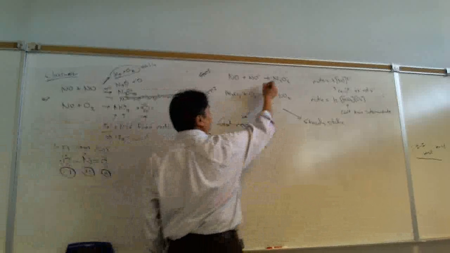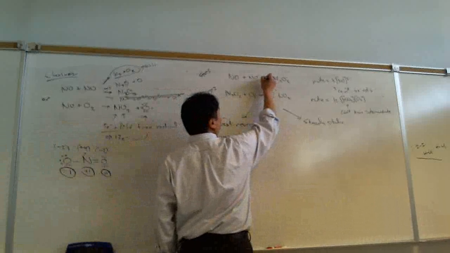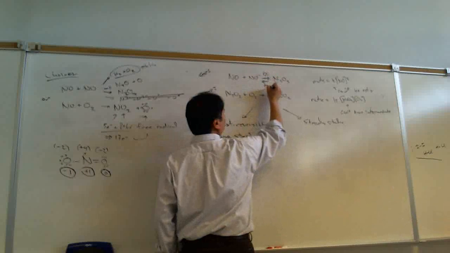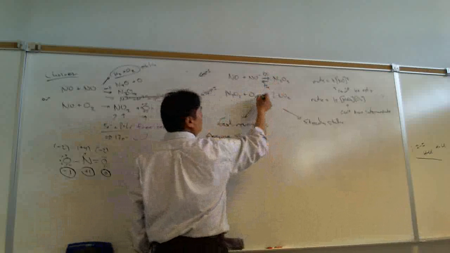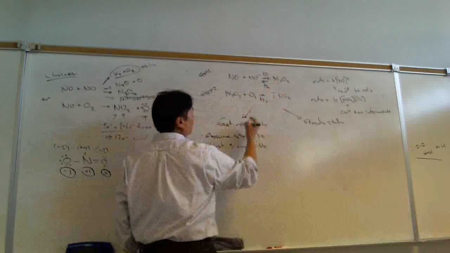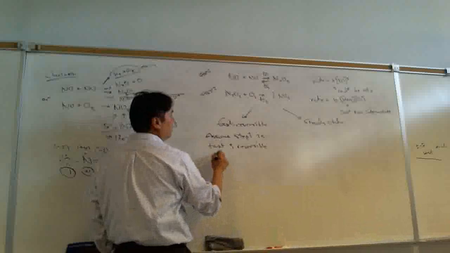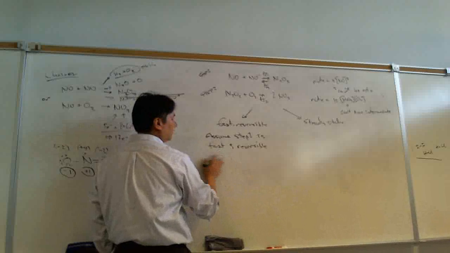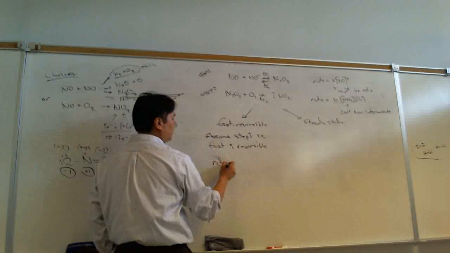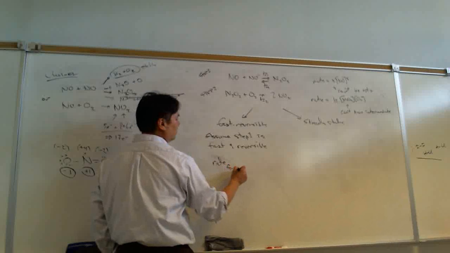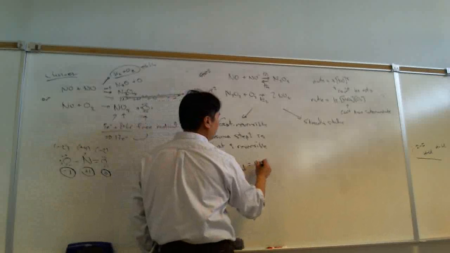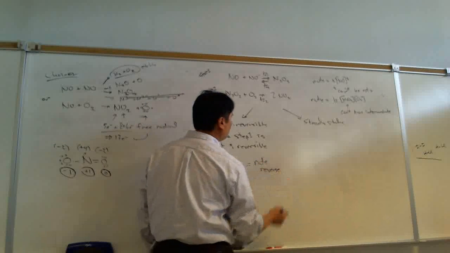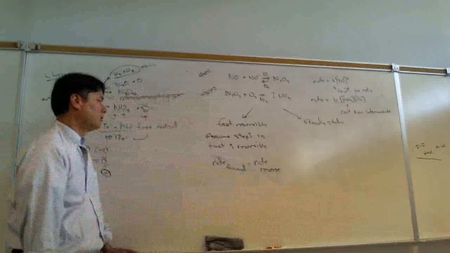And so what that does is this. We're going to have a k1 and a k minus 1, and this will be k2 here. And so what this means is that the rate of the forward is equal to the rate of the reverse. That's what we mean by reversible. It's just kind of this equilibrium situation.